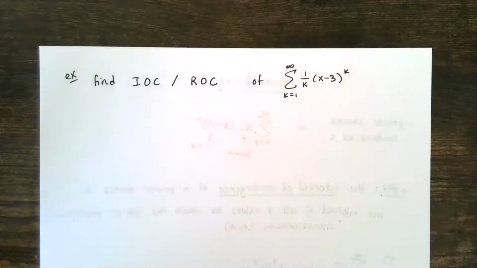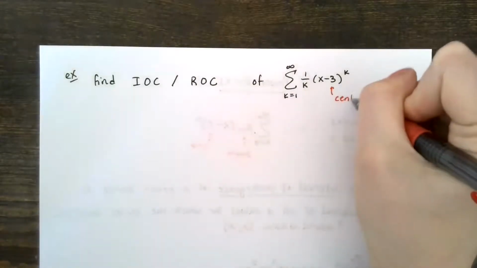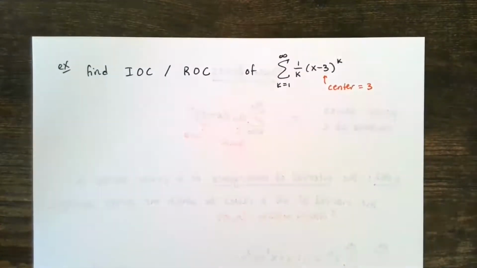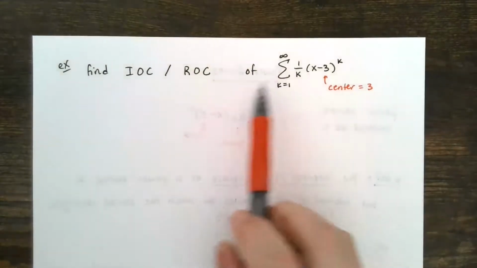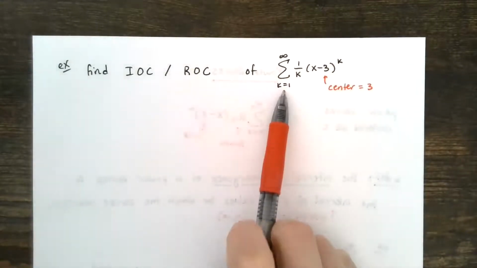Okay, so notice a couple of things here. For one, my center, the c value, is 3. So I'm expecting my interval of convergence to be something symmetrical around 3, so it'll be 2 in either direction or 1 in either direction, whatever the radius is. Also notice that this power series is the first one we've seen that starts the index at 1. That's totally fine for a power series. It's no big deal.